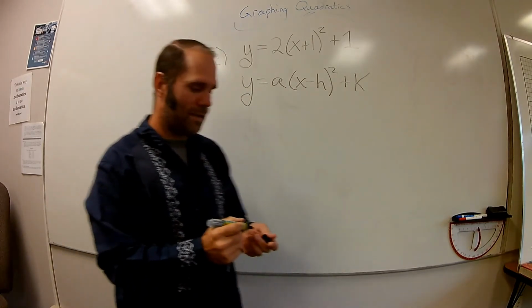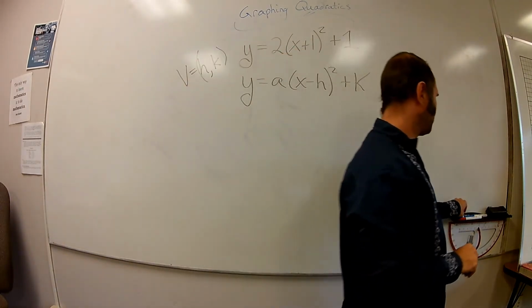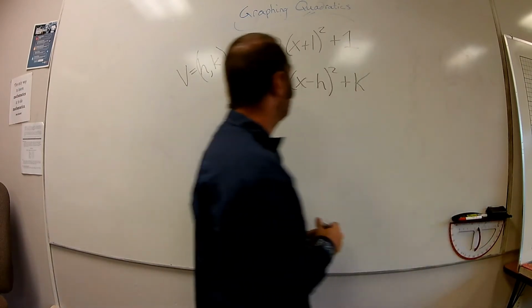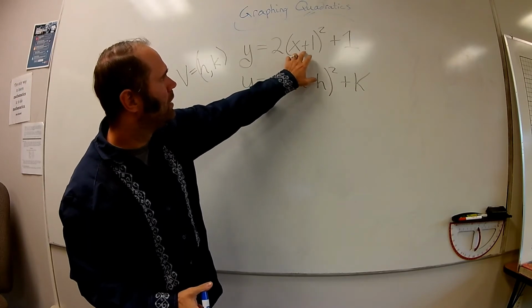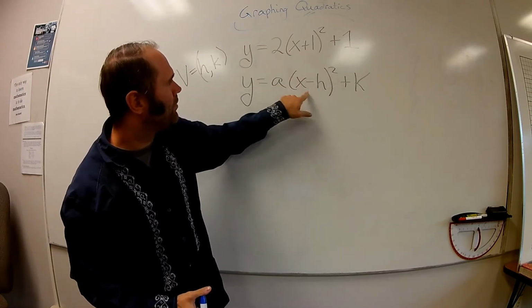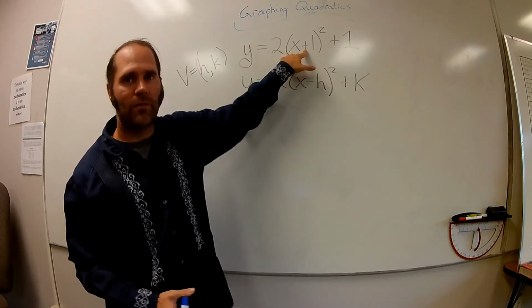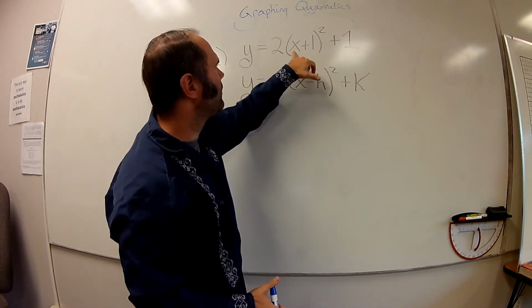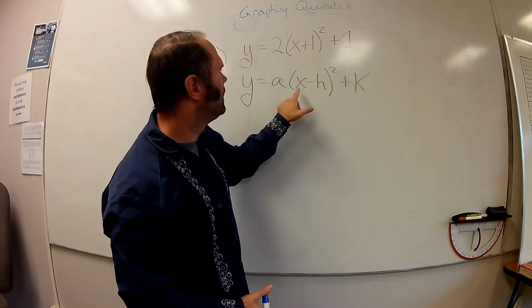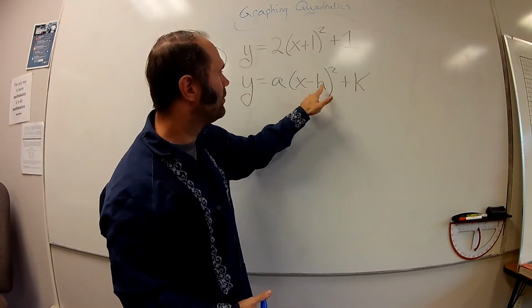So we can identify what h is. Looking at our equation, we need to make sure that this becomes a minus something. Two negatives make a positive. So we could rewrite x plus 1 as x minus negative 1.